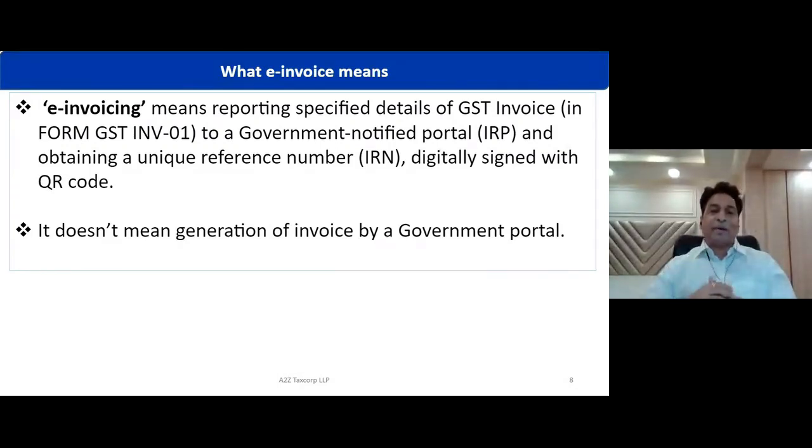Certain more particulars, like QR code, having 8 specified fields in QR code. These specified particulars should be coming in a standardized unified form, and this form would be GST INV-01, which should be converted into a JSON file and then uploaded on the government notified portal, which is called the Invoice Registration Portal. And which is this portal?